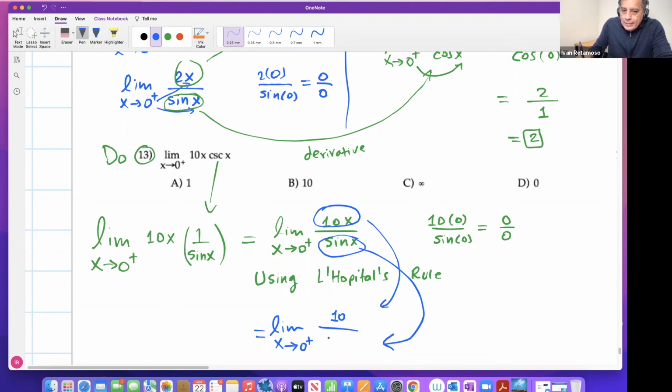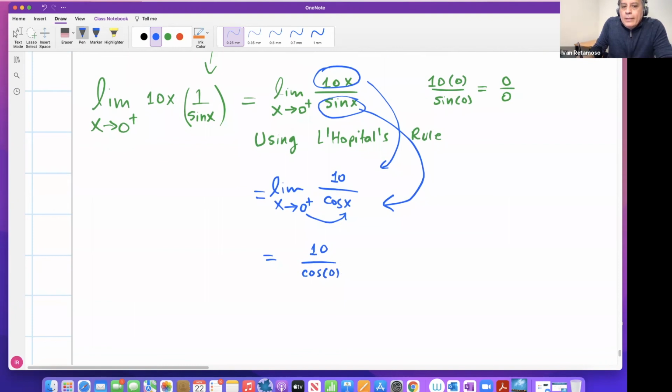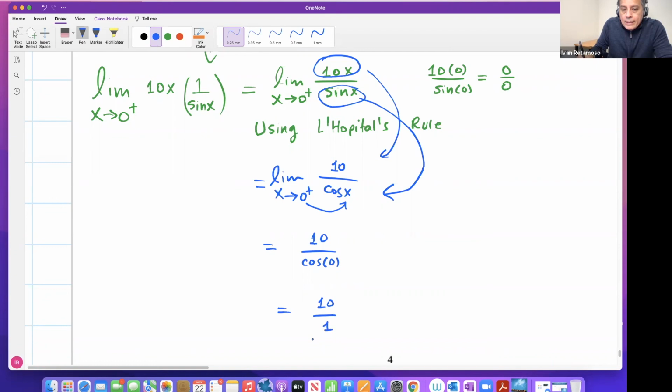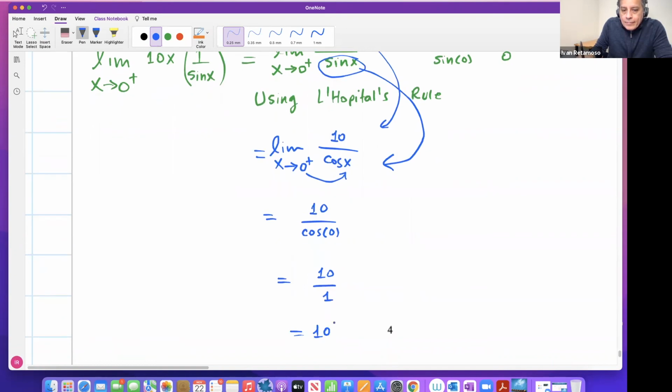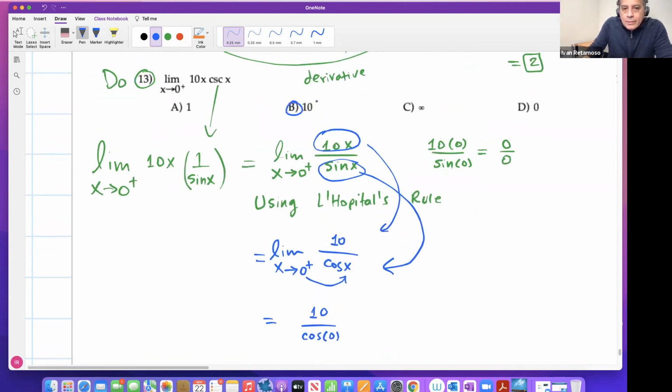Derivative of sine is cosine of x. Once you do that, try again the direct evaluation, and you will see that now it should work. 10 divided by cosine of 0. Cosine of 0 is just 1. 1 times 10, just 10. Very good, guys. Try to remember this for your homework.